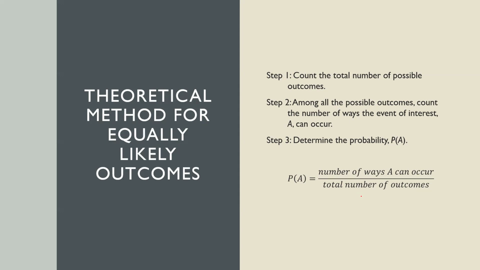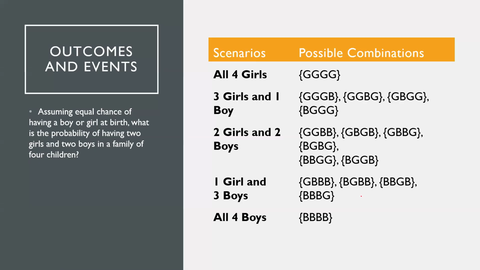So the way it works is we count the total number of possible outcomes, and among all the possible outcomes, we count the number of ways the event of interest can occur, and that determines our probability. So let's try this in example. Let's start here. Assuming that there is an equal chance of having a boy or girl at birth, what is the probability of having 2 girls and 2 boys in a family of 4 children?